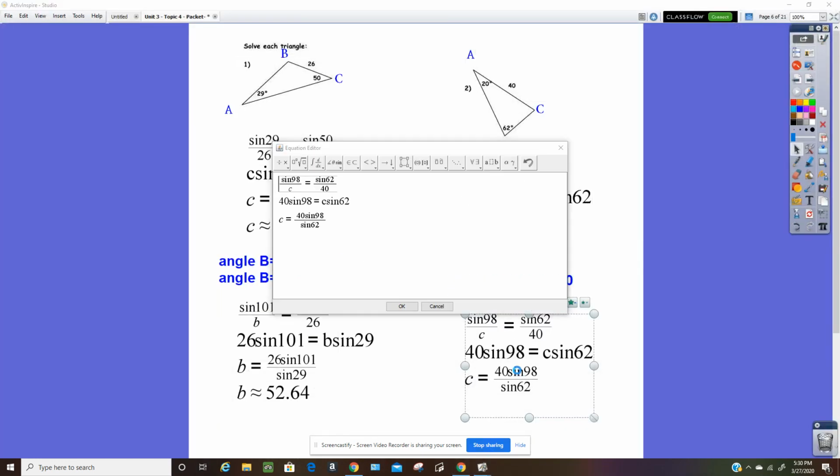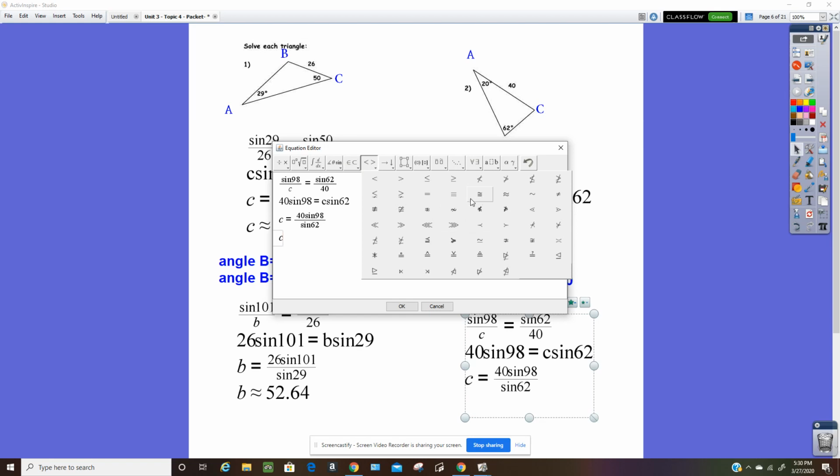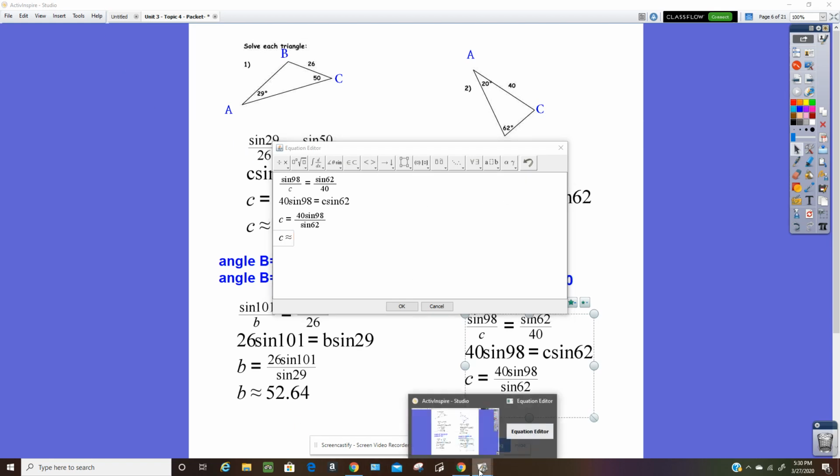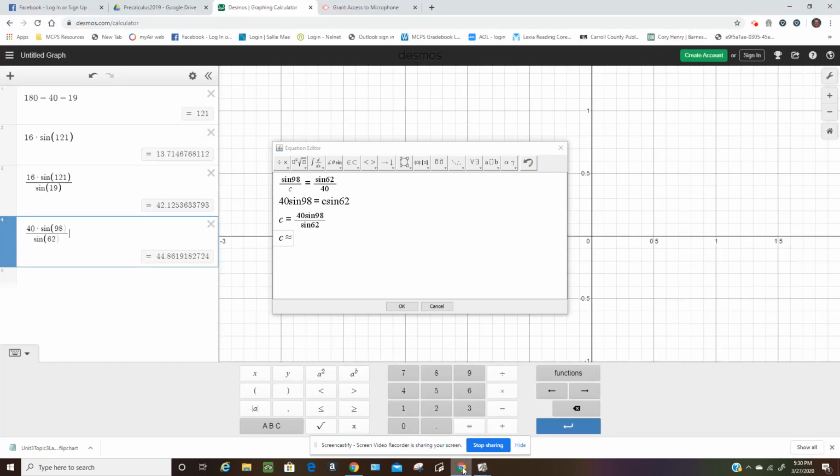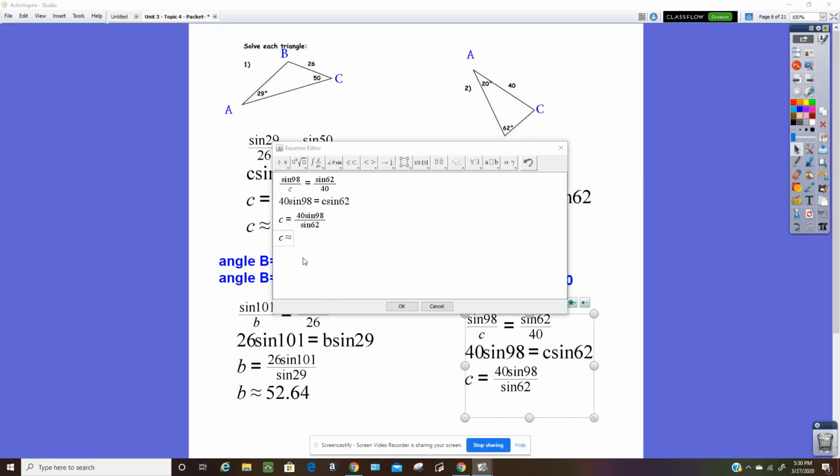So going back to my problem now. Right here, C is approximately, I'll find the approximate symbol here, 44.86, yeah. 44.86 right here.